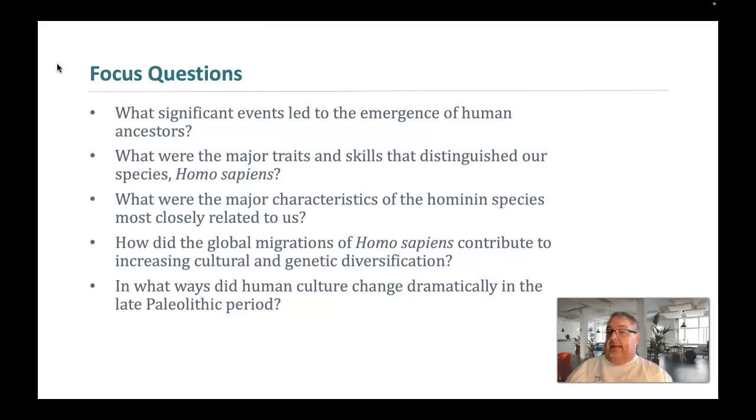What were the major characteristics of hominins? What did the global migrations of Homo sapiens contribute to increasing cultural and genetic diversification? And in what ways did human culture change dramatically in the late Paleolithic period? I'll give you a hint. We stopped hunting and gathering and started to settle, so that's a big deal for us.